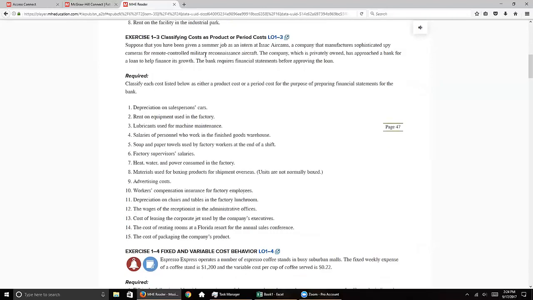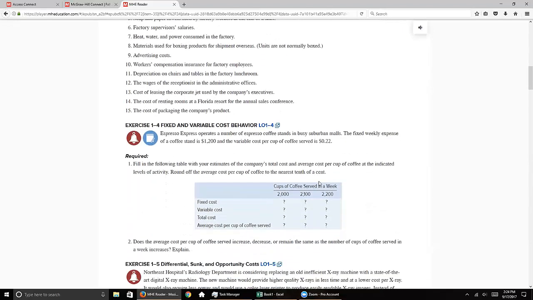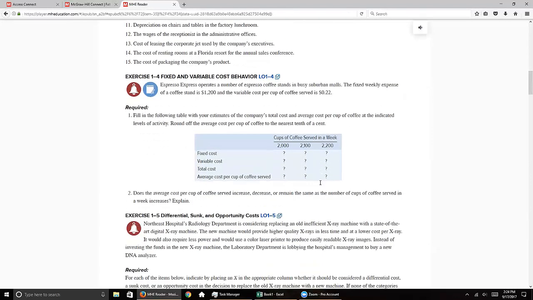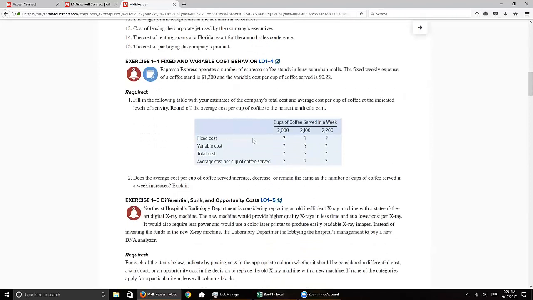So we did talk about our different classifications with regard to product versus period, manufacturing versus non-manufacturing in the subcategories. But one thing we didn't incorporate in that last piece was cost behavior. So I might as well spend a minute on that, and then if you have additional questions, we can certainly revisit those.